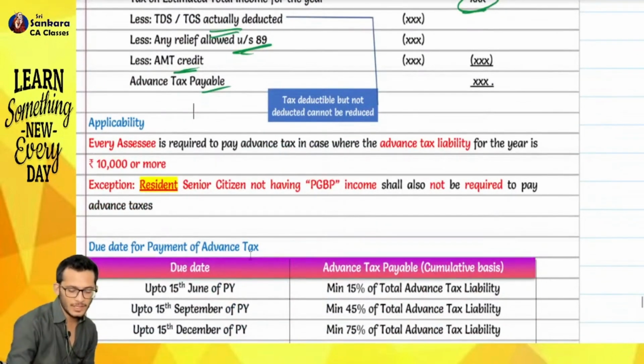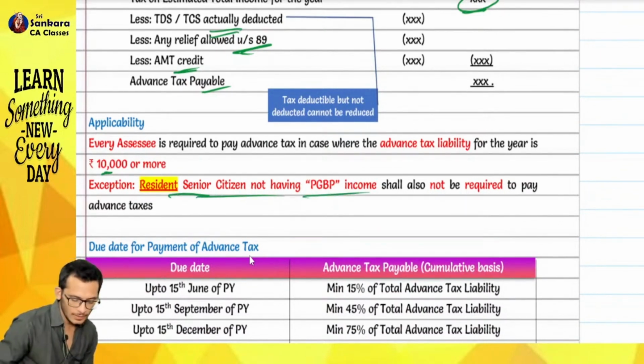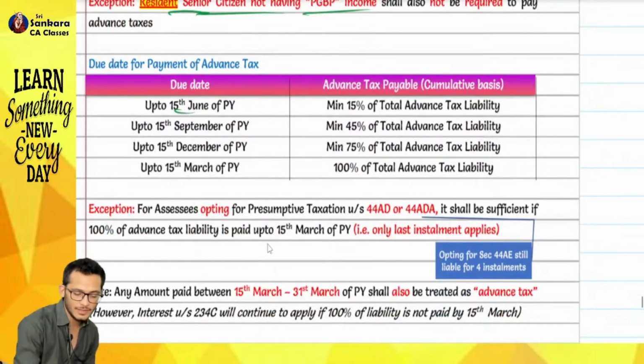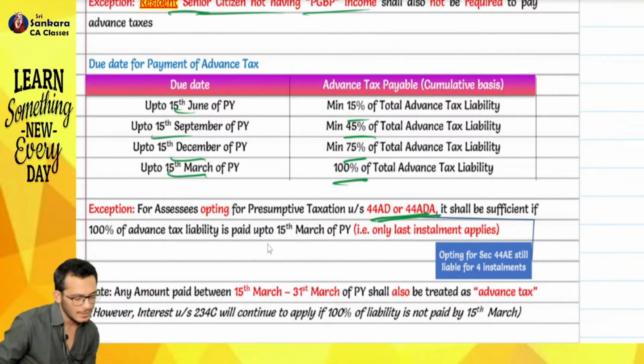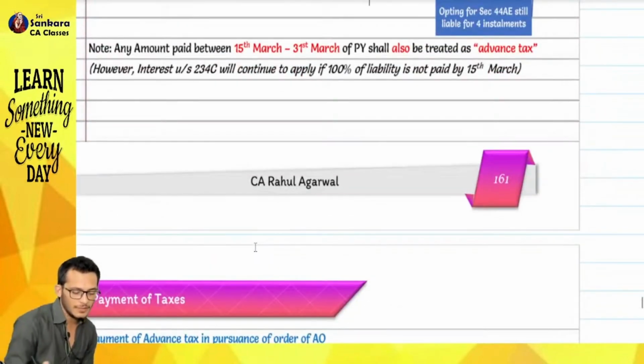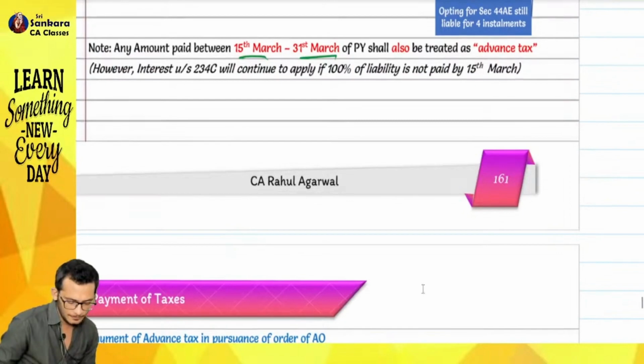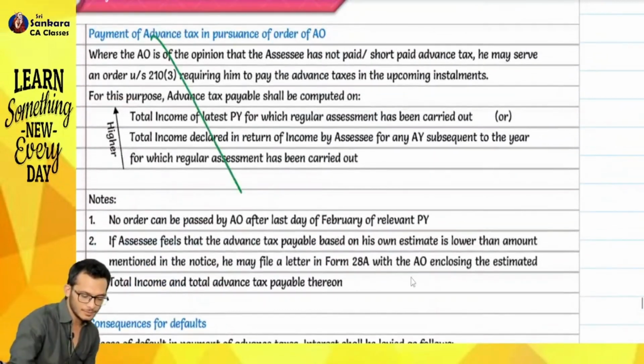You are required to pay advance tax if your total tax in the current year is more than 10,000, or if you are not a senior citizen having PGBP income. Due dates are 15th September 45%, 15th December 75%, 15th March 100%. But if you are opting for presumptive taxation under 44AD and 44ADA, you have to pay only the last installment. Any kind of taxes paid between 15th March to 31st March is also considered as advance tax. You can ignore these provisions.